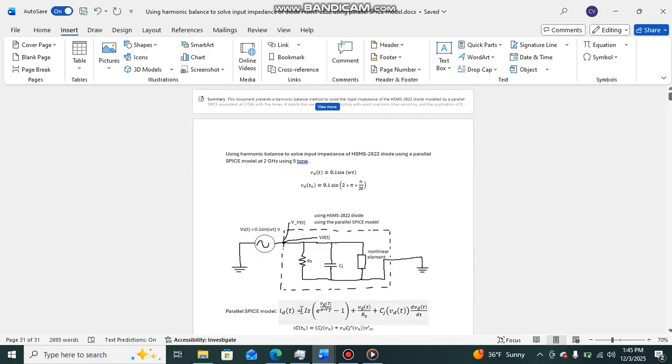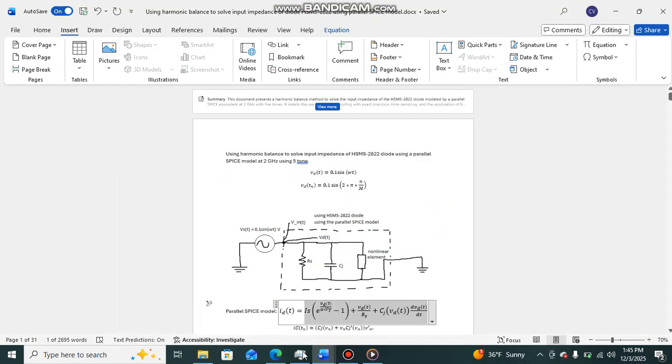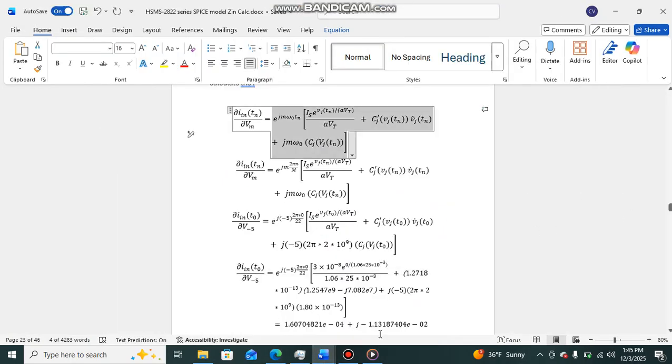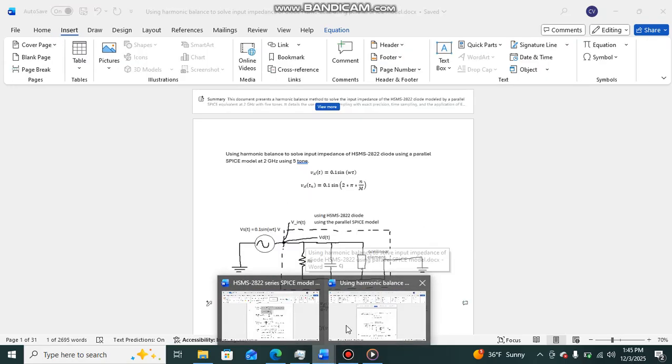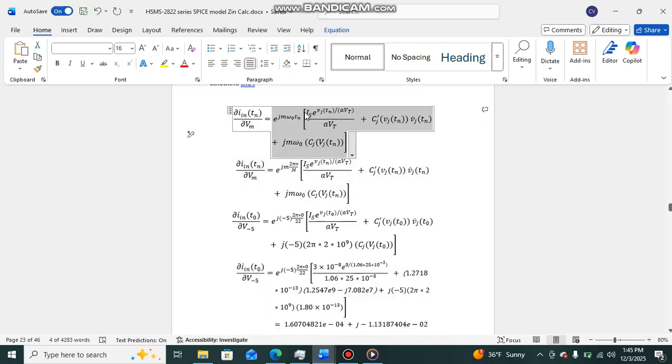But that's for this equation here. As you can see, that's the same as this equation here. So if we use the series SPICE model with the series resistor there, we don't include that resistor.